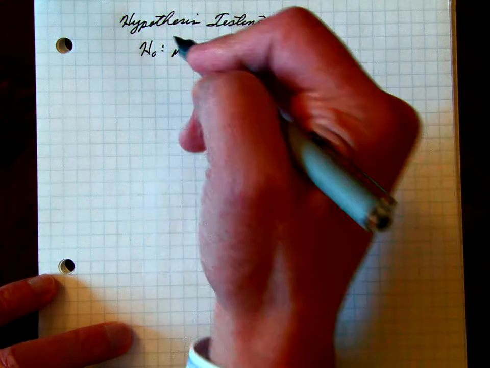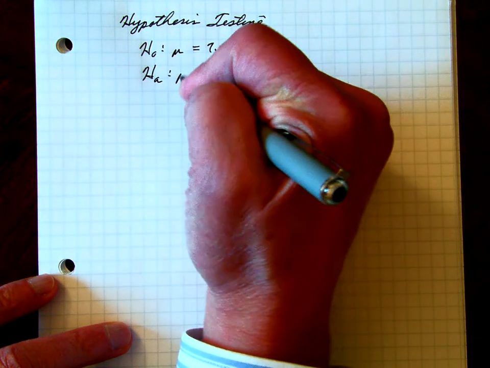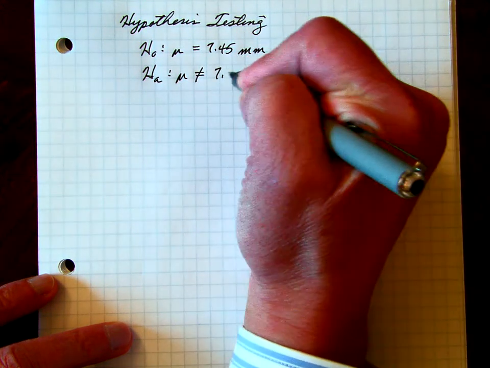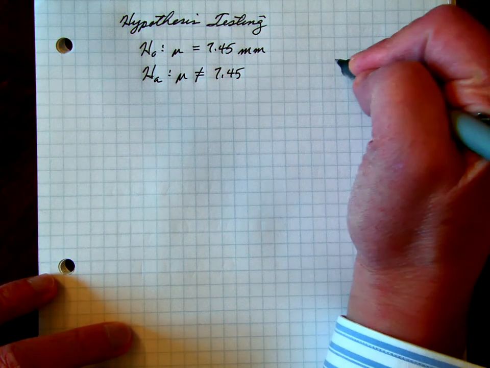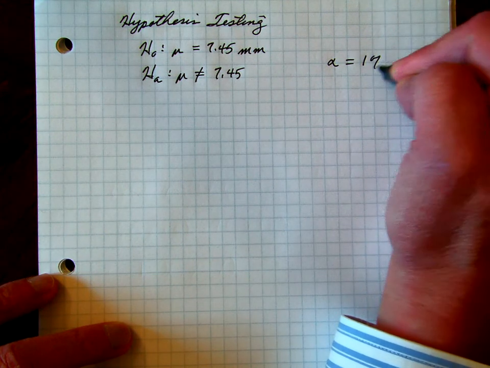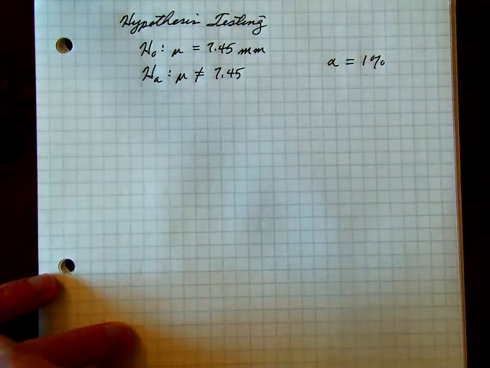And the alternative, of course, will be HA, the alternative hypothesis, which is that you're not manufacturing it according to 7.45 millimeters in length. Let's suppose further that your requirement is that you do this with 1% significance. Okay, you want to be 99% certain that you are meeting your requirement.